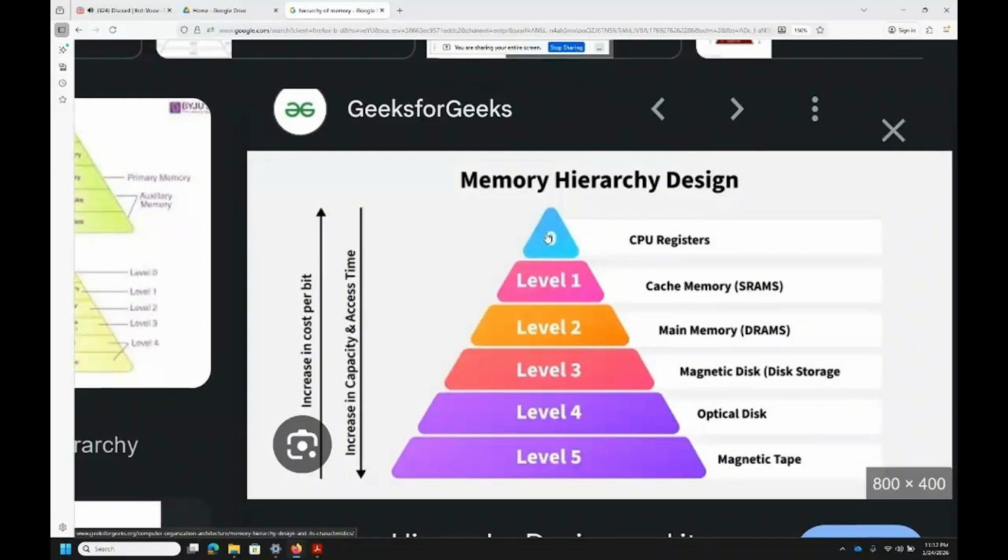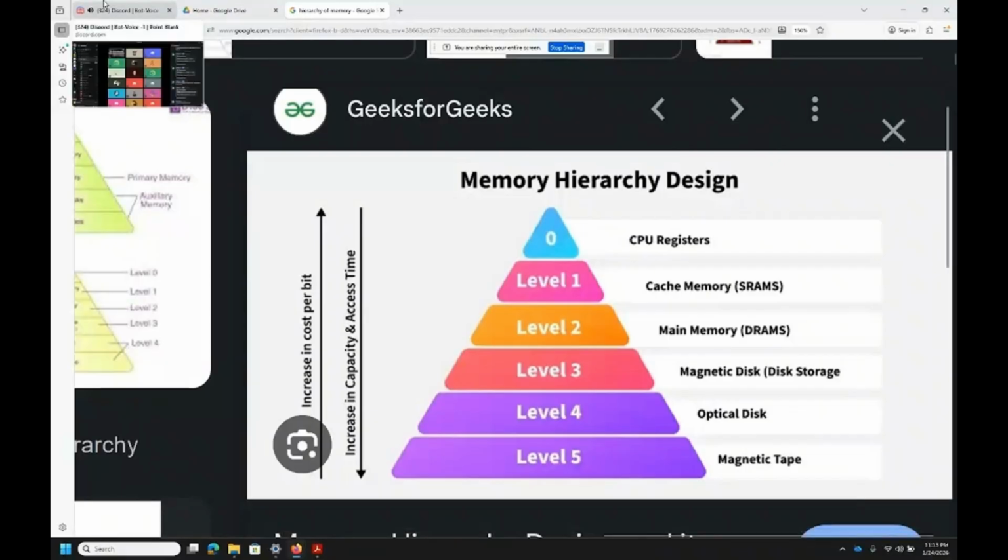Your main memory has all of the data of the cache plus some more data. Your storage, your SSD or hard disk, has all of the data of your RAM plus something extra. So each of the lower layers has all of the data that the layers above possess. So this is what makes it a true hierarchy.